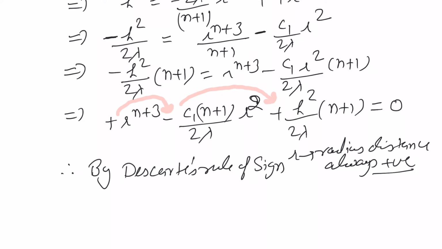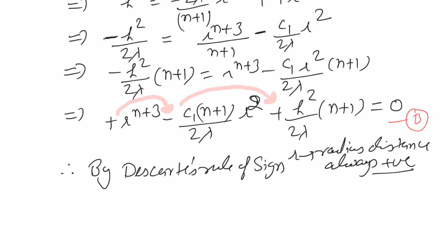So there are two changes of sign, one positive to negative, another negative to positive. So this equation, say B, cannot have more than two positive roots. That is by Descartes rule.